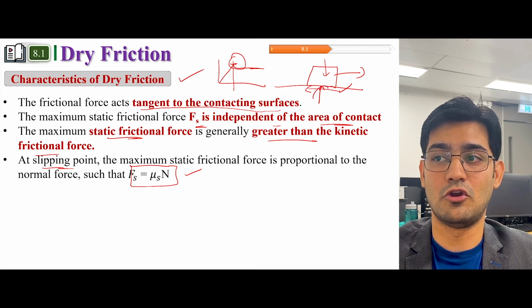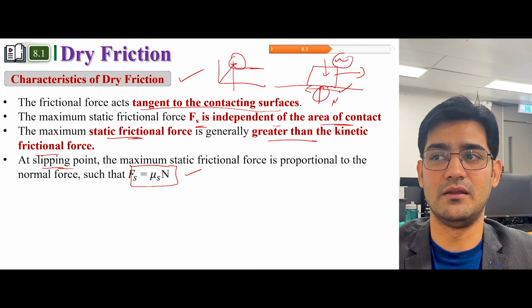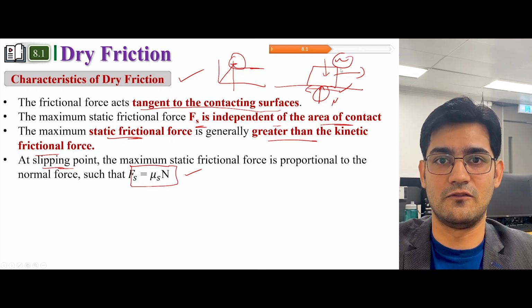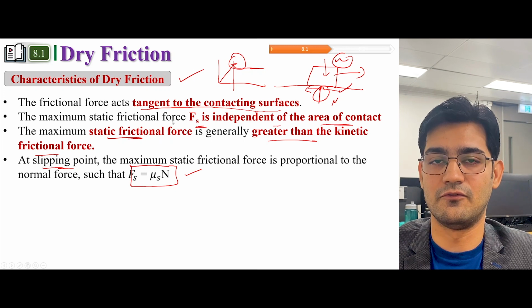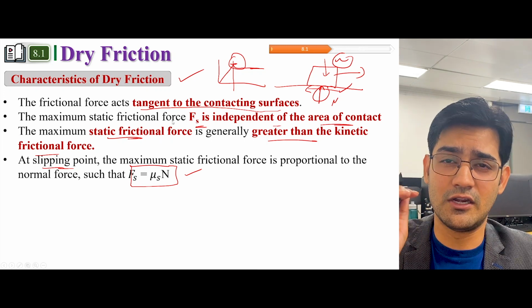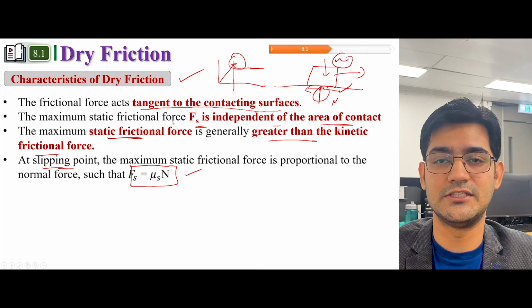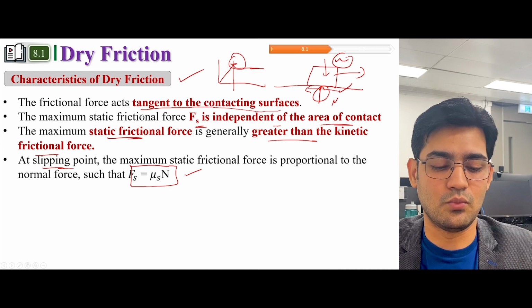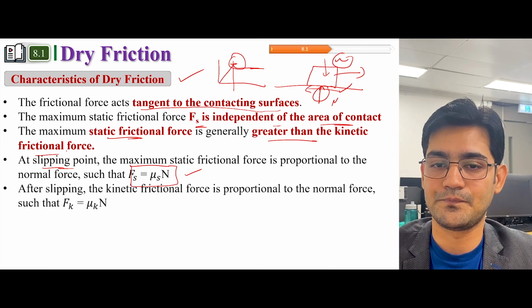And the normal force will be higher when the weight is higher, because normal force is directly equal to the weight of that rigid body. So frictional force depends on the weight. The higher the weight, the more difficult it would be to move that rigid body, but it does not depend on the area. If you have a wider area, it won't have an impact.